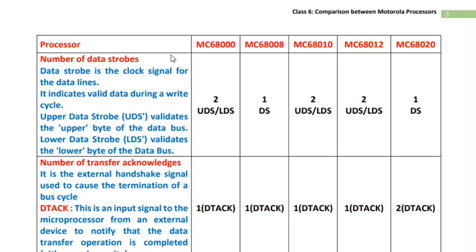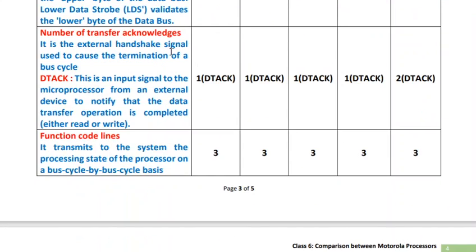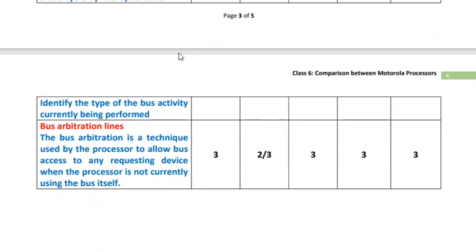Now number of transfer acknowledgements. We require 1 acknowledgement in all the microprocessors other than MC68020, where we require 2 transfer acknowledgements. Now function code lines. In all the microprocessors we have 3 function code lines. Likewise, bus arbitration lines.